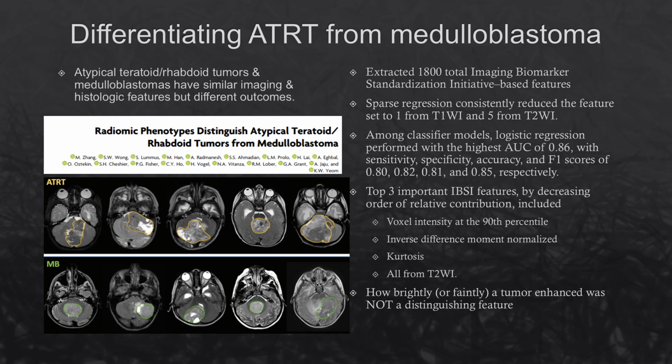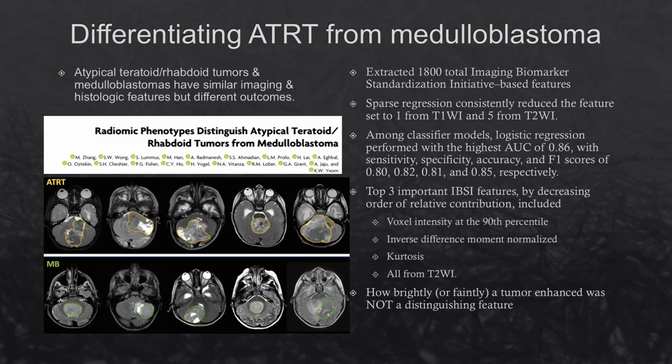In this study by Dr. Yom from Stanford, they extracted some 1,800 features of these tumors and then reduced them to 3 to 4, and they found that the top features were voxel intensity at the 90th percentile, inverse difference moment normalized, which is one of the second order features, and kurtosis, which is the flatness of the tumor, and these are all derived from the T2 weighted images.